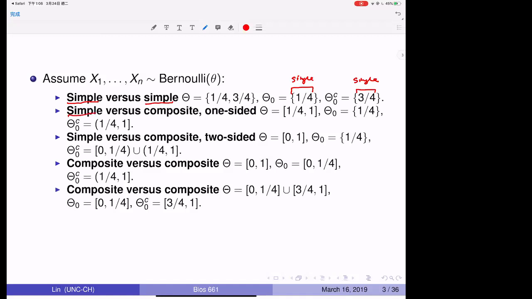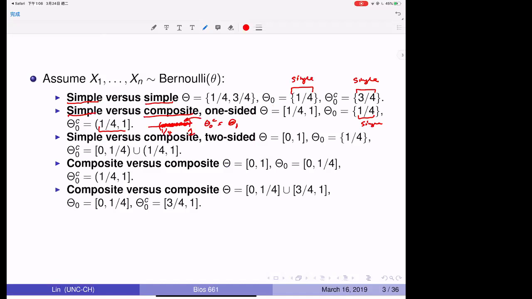Then simple versus composite means the null space has a single point, but the alternative has many points, like an interval. Any point here belongs to my alternative space. By the way, we always use theta 1 to describe the alternative space. Composite means a lot of points in my alternative space.